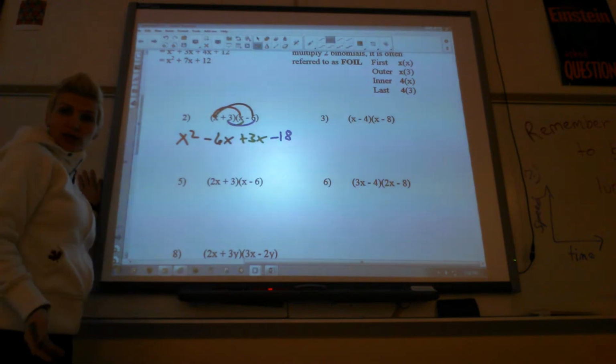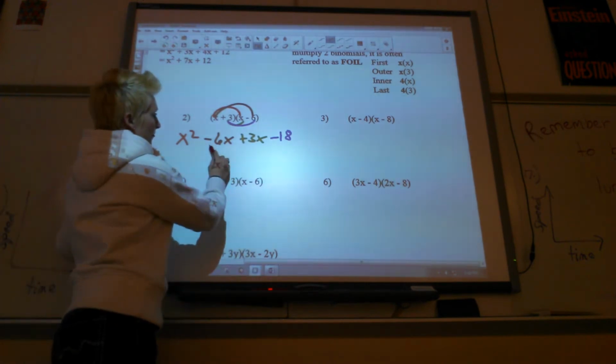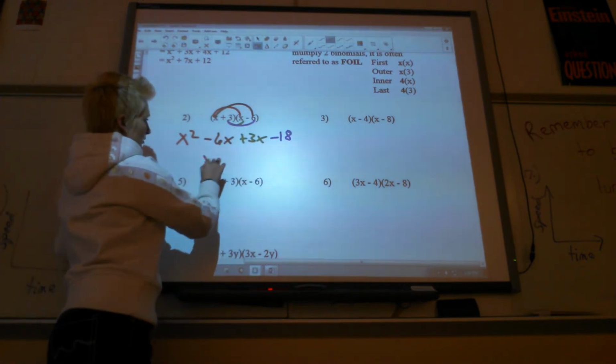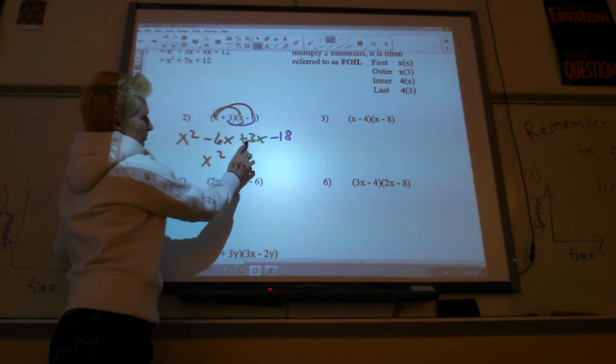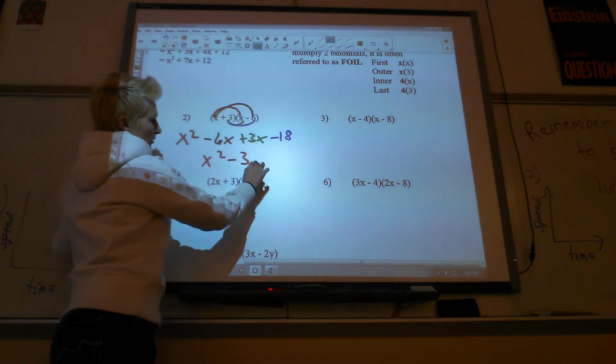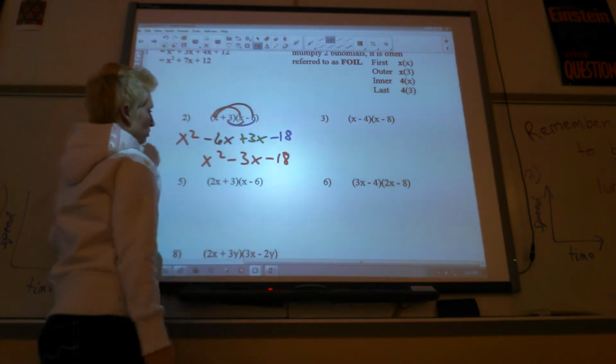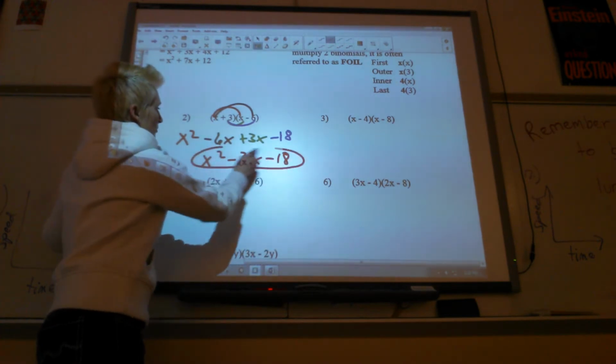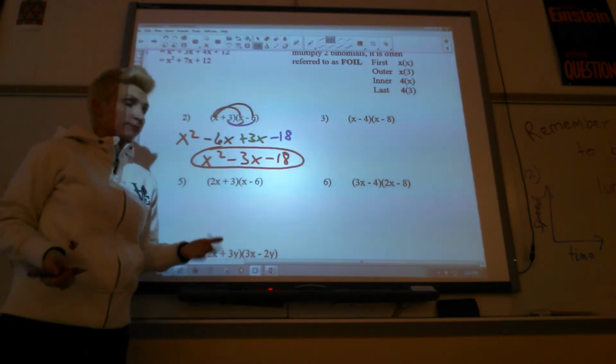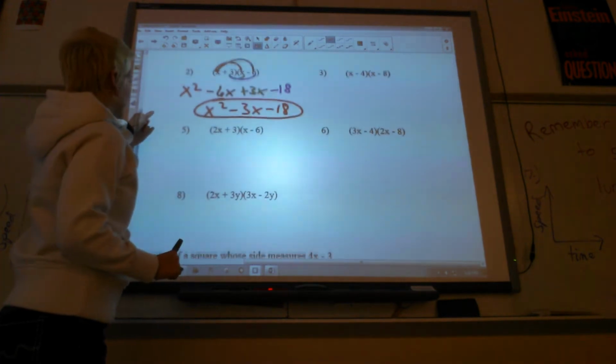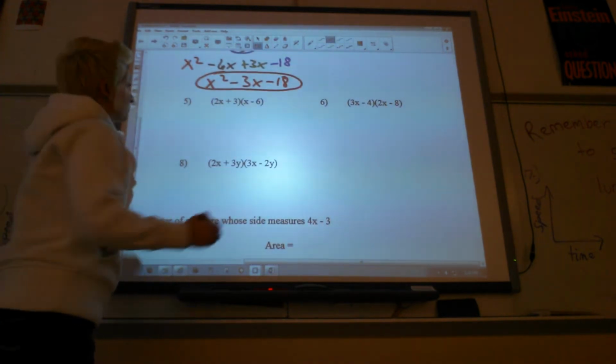So the multiplication is done. We look to see if we can simplify. I can combine like terms here. So negative 6x plus 3x is a negative 3x. So my answer is x squared minus 3x minus 18. And we're done.